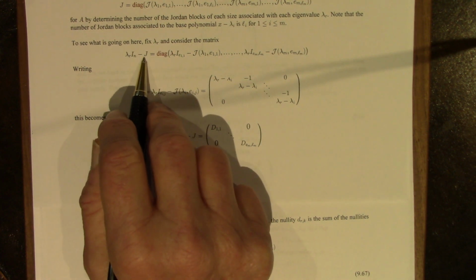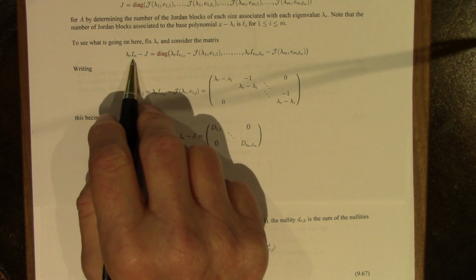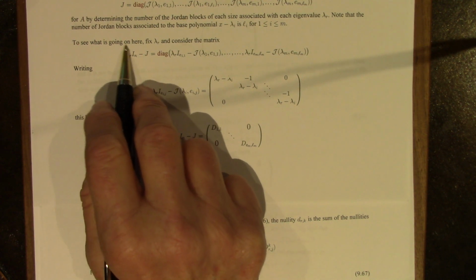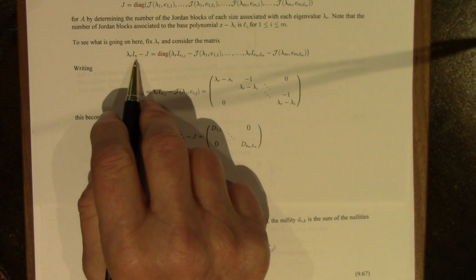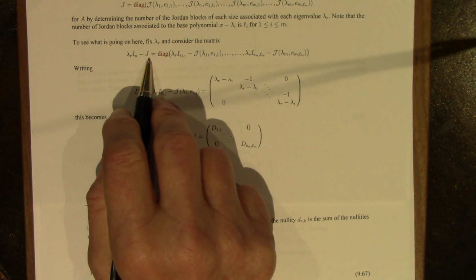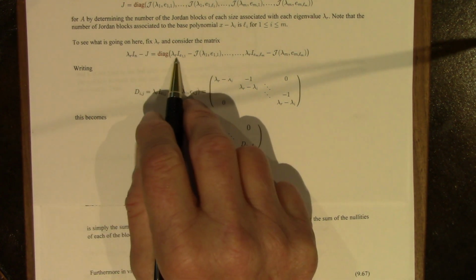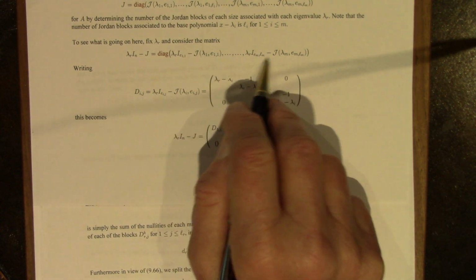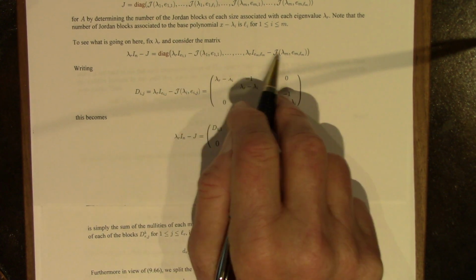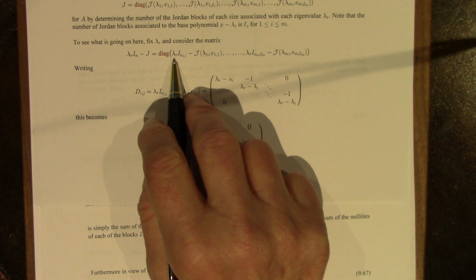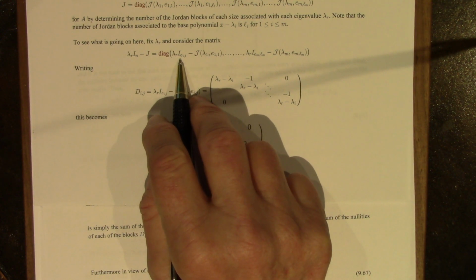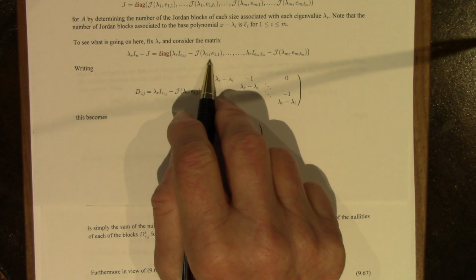I've taken the identity matrix, placed lambda r's on all the entries on the diagonal, and subtracted the Jordan form. For the blocks, you do the same thing with each block. You take lambda r times the appropriate size identity, subtract the Jordan block.